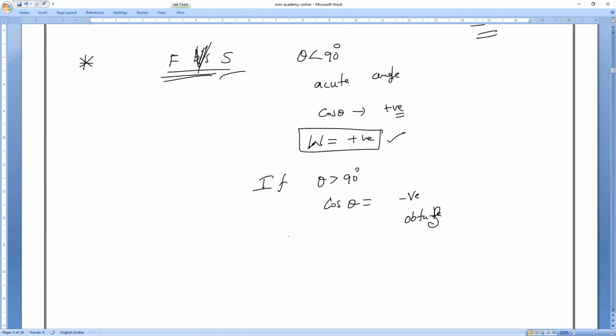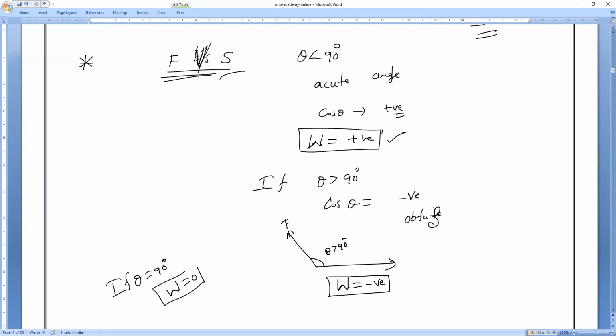More than 90 means the force is acting in this direction and the displacement is in this direction, like this, for example. So theta is greater than 90, and in these cases work done is negative. Okay. If theta is equal to 90, then work done is equal to 0.